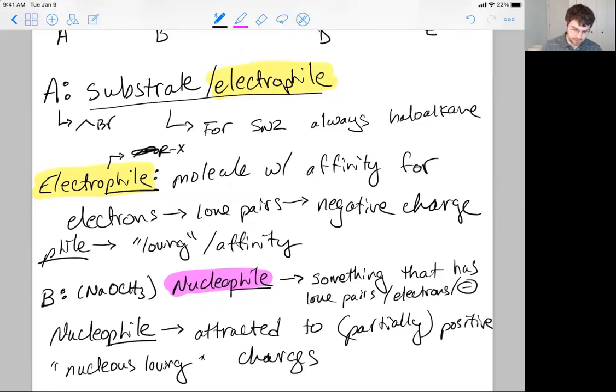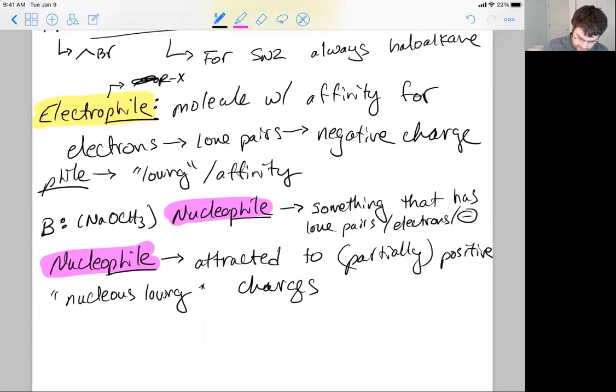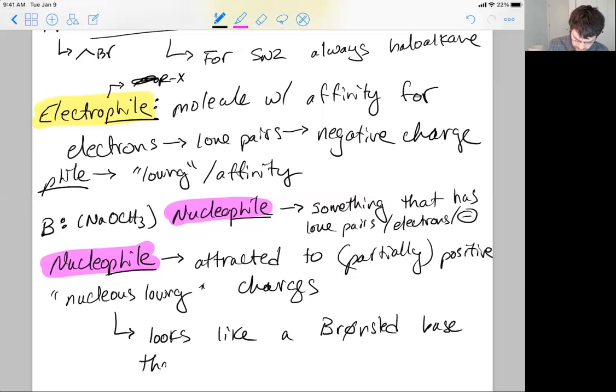In some respects, the nucleophile looks a lot like a Bronsted base, which is attracted to H+. Often, but not always, nucleophiles are also basic.